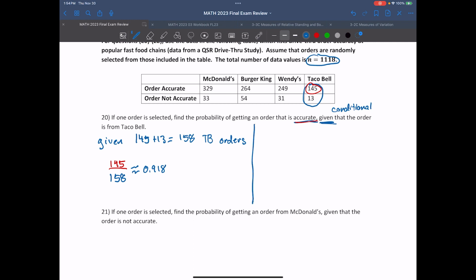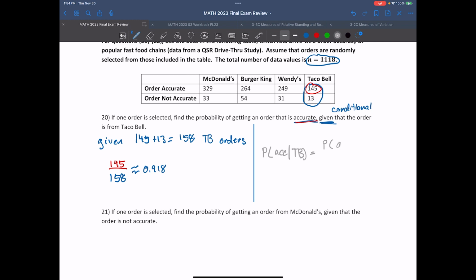As a side note, that's the most natural way I've seen students work with this one. The other way, probability of accurate given Taco Bell, is to look at their intersection. So how many accurate orders are there from Taco Bell? Let's write it all.